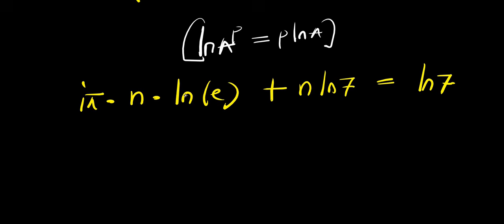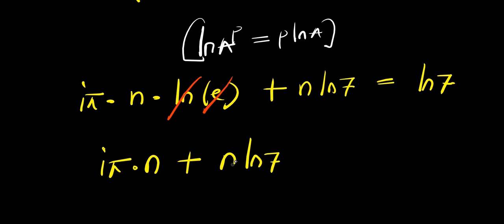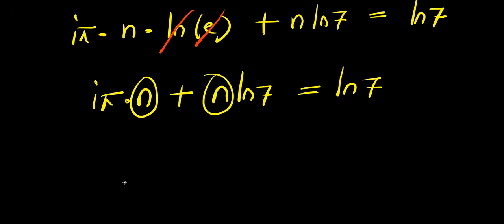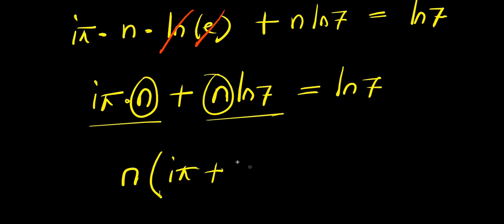So from here, natural log e is 1. So we have iπ times n plus n times natural log 7 equals natural log 7. So let's factor out n from here. I have n times (iπ plus natural log 7) equals natural log 7.